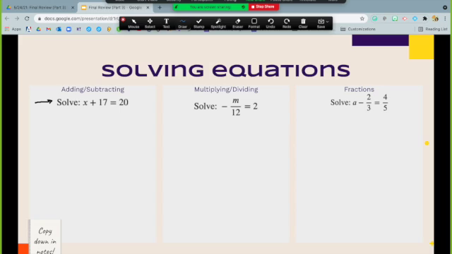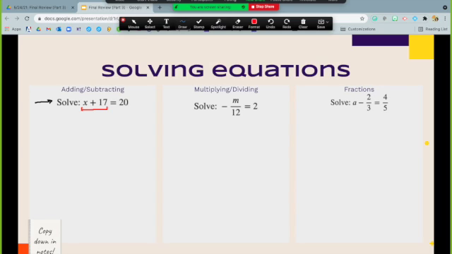It's asking you to solve x plus 17 equaling 20. Okay, so whenever we're solving equations, we always want to complete the opposite operation that's being shown here. It says that some unknown number is adding 17.